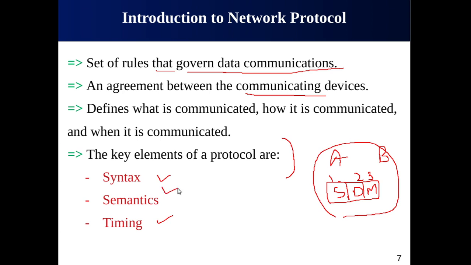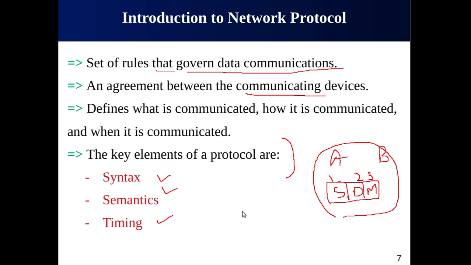The second thing is the semantics. The word semantics refers to the meaning of each section. As I just mentioned, the first field is the address of the sender, the second field is the address of the receiver or the destination, and the third field is the message itself. So the semantics, the meaning of each and every section of the bits, is defined by the protocol. For example, does an address identify the route to be taken or the final destination of the message?